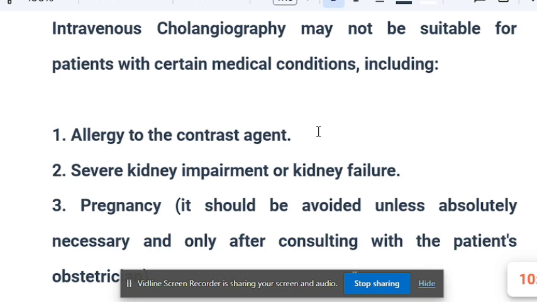This can be confirmed by taking certain history of the patient regarding allergy to smoke, allergy to any food item like fish, or allergy to penicillin or any drugs.